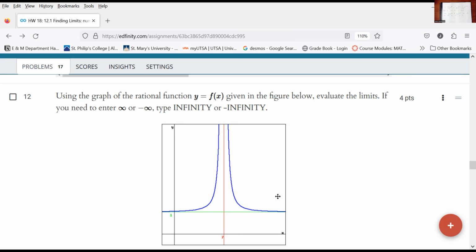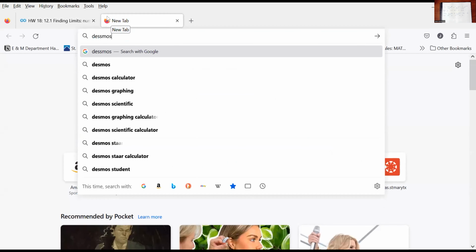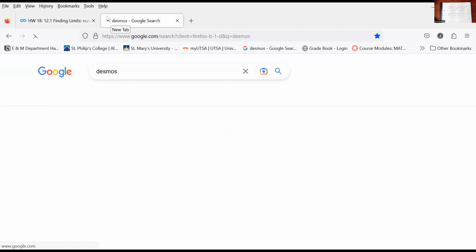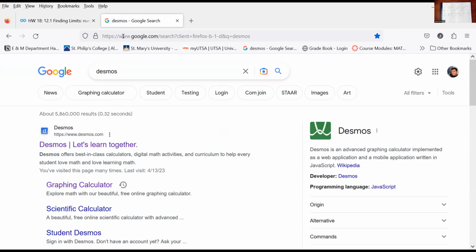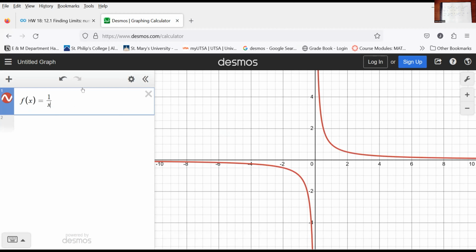Okay, for example, let's say we had this made up function. We know we cannot plug in 0. But if I approach 0 from the right side, the function shoots off to what?